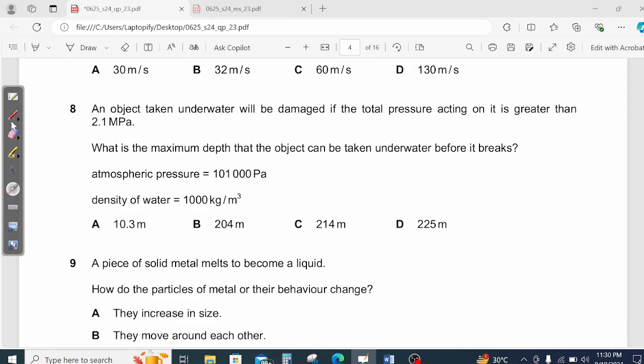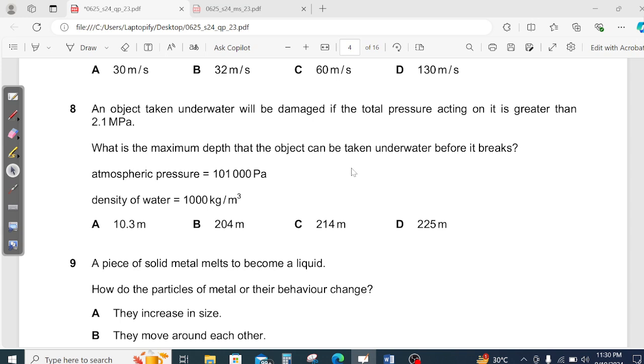So this question is related to the pressure applied by the liquid on the object. You do not involve the atmospheric pressure here. You only have to find out the pressure applied by the liquid, so you have to subtract the atmospheric pressure from the total pressure, then put in the formula.